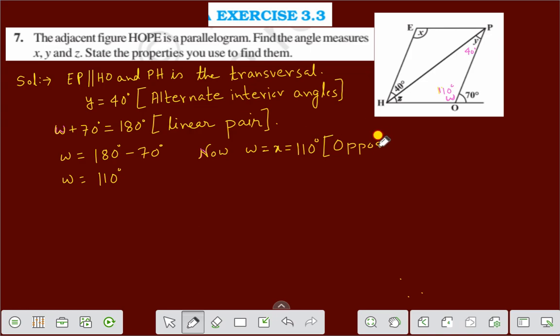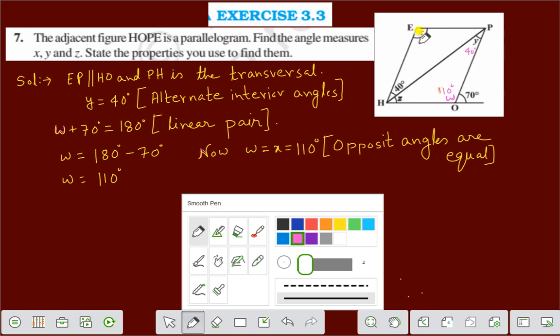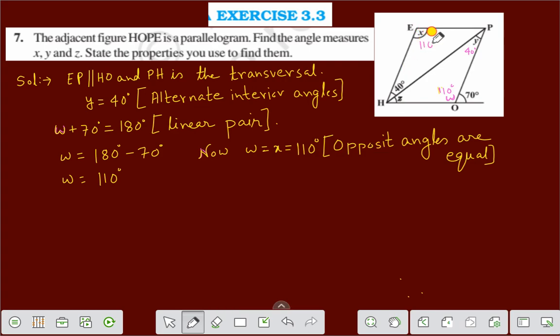So this is also 110 degrees, this is 40 degrees, and we have to find the value of Z.